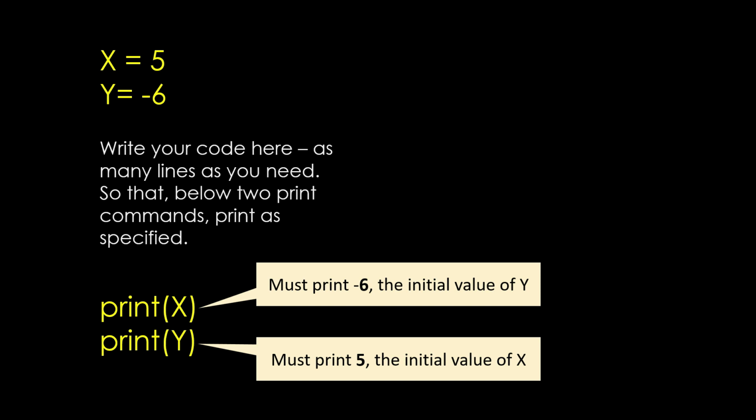You can write your code here, as many lines as you need so that we have x and y with swapped values. Then print x. It must print -6, the given value of y. Then print y. It must print 5, the given value of x. What do you think? Can you do it?